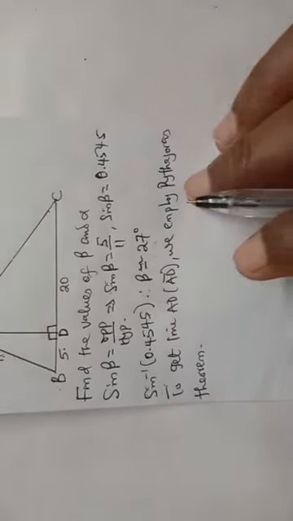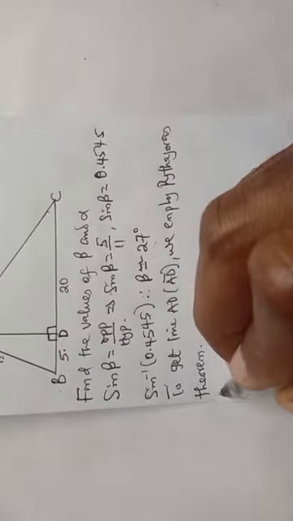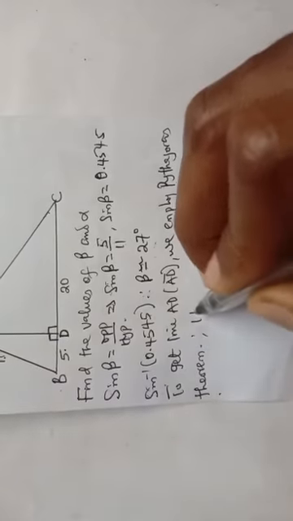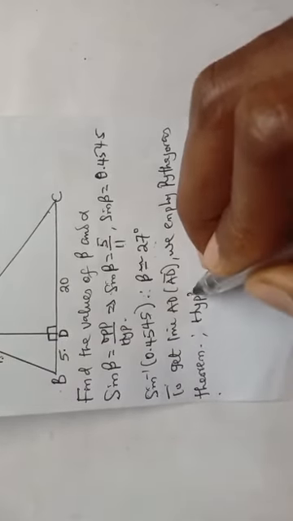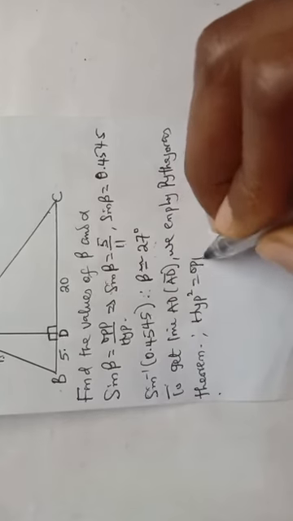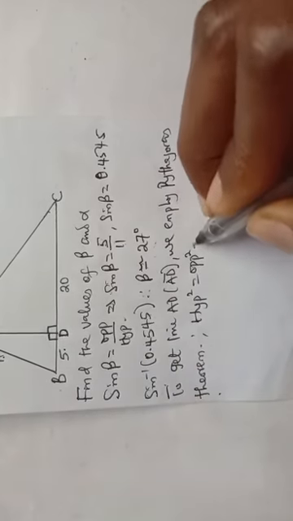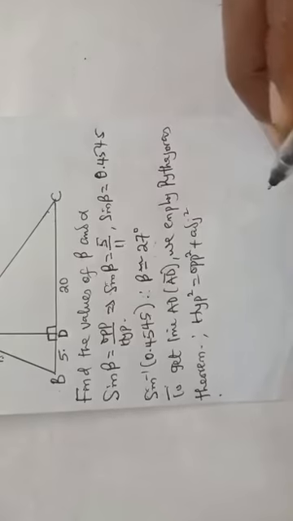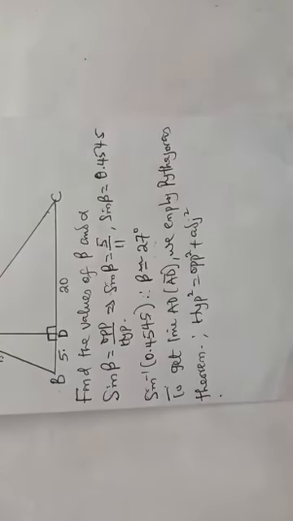His theorem says, okay, let me use here: hypotenuse squared is equal to opposite squared plus adjacent squared. Okay, now let's go.